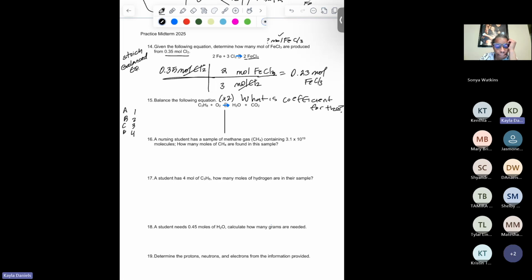To balance, I usually draw a line down where the arrow is. I list the elements in the same order on both sides. Then I do my initial count.